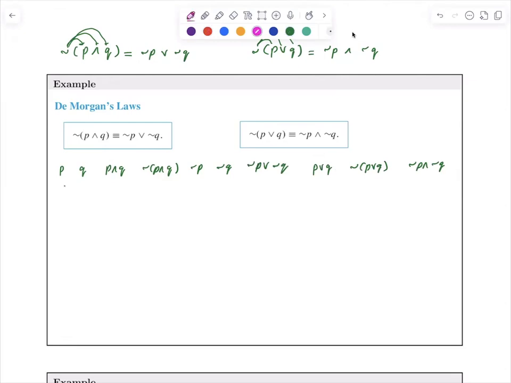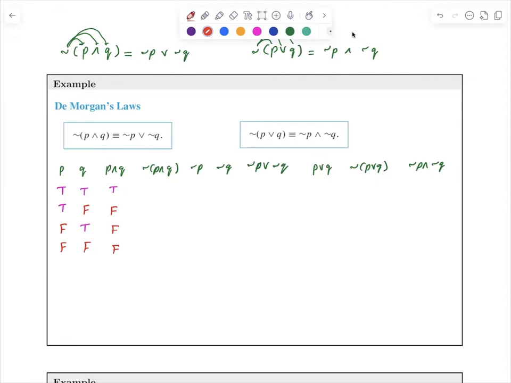P can be true or false. Since we have 4 combinations, we're going to list them all. Q is true or false, but again, we are looking at this in combination with P. So here you have P and Q. True and true is true. True and false is false. False and true is false. False and false is false.